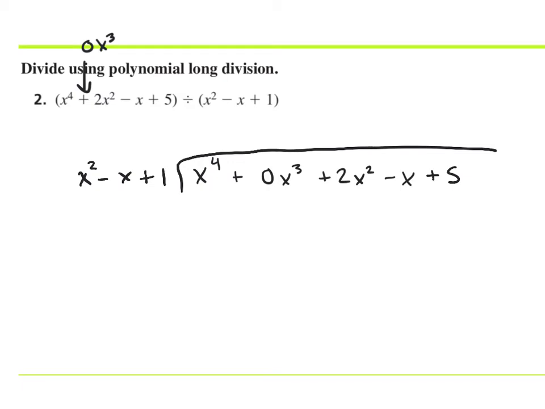So what times x squared gives us x to the 4th? Anybody except Casey? Help me out. X squared. So we're going to put our x squared over our x squared term. What do we do next?